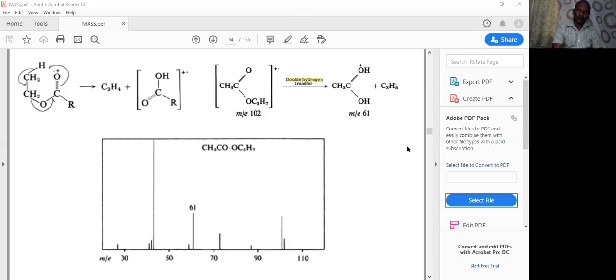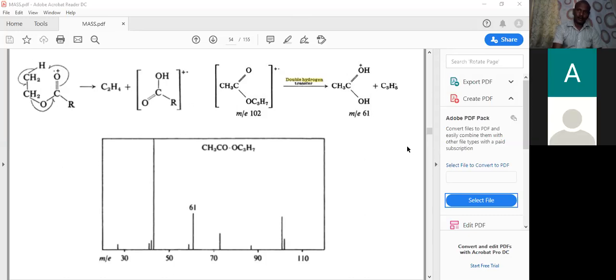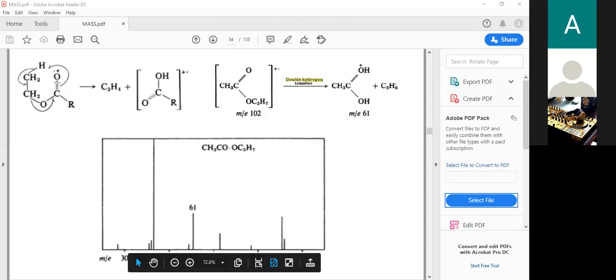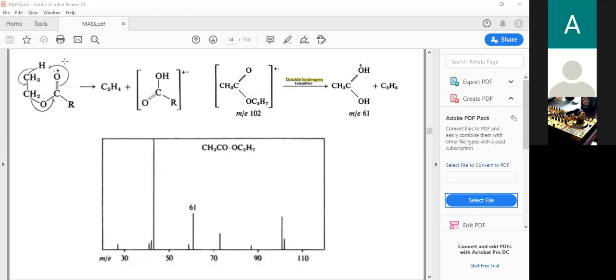If I see the fragment here, C2H4, right?